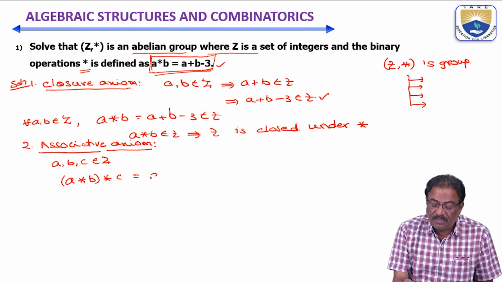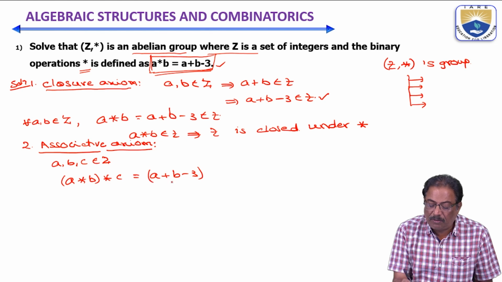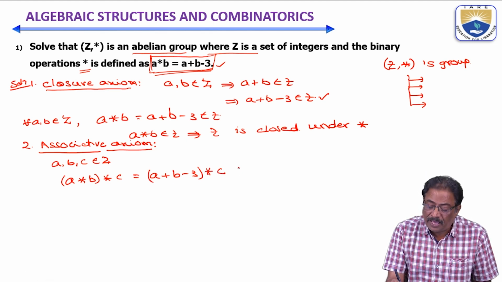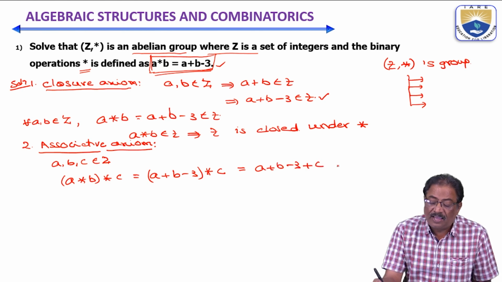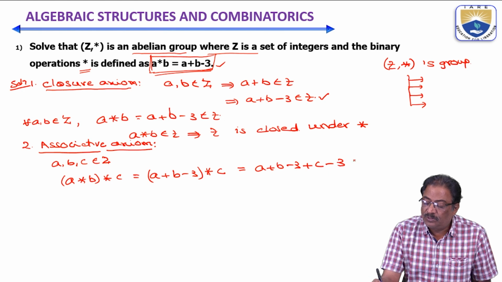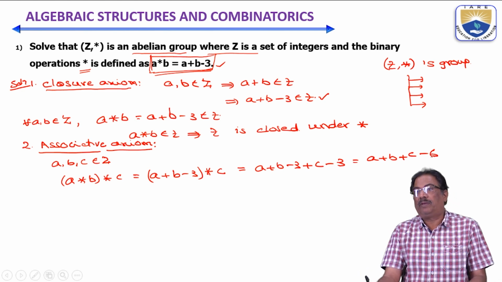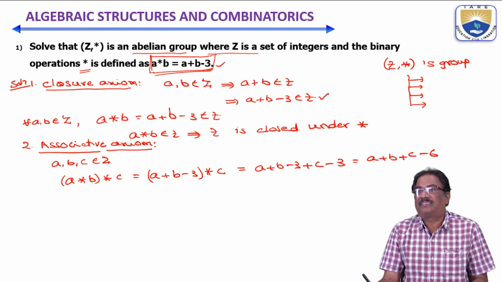So it is (A plus B minus 3) star C. Then again I take this as A and this as B. So once again A plus B minus 3 plus C minus 3. So this is nothing but A plus B plus C minus 6.